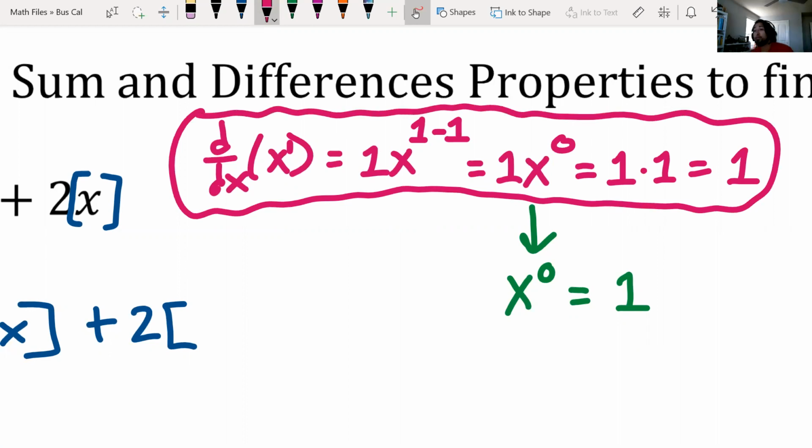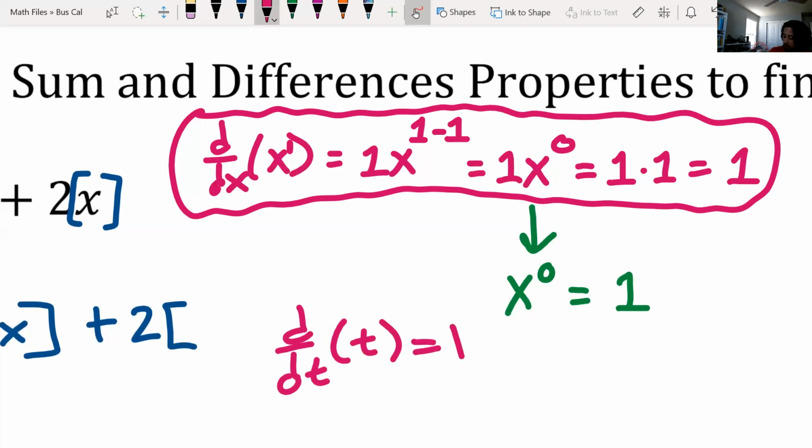So if you are told to take the derivative of x, a single variable, the derivative is always 1. And this could be said for any other single variable. If I said d over dt of t, the derivative of t would be 1.